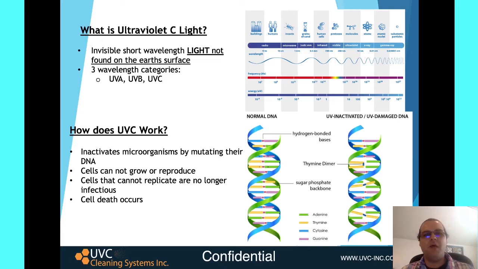The process that we're actually going through is creating what's called a thymine dimer within the DNA strand. UVC has to penetrate through the cell wall or through the cell structure to attack the DNA structure. And as you can see in the photo to the right, you are creating abnormal bonds and preventing the cell from replicating.